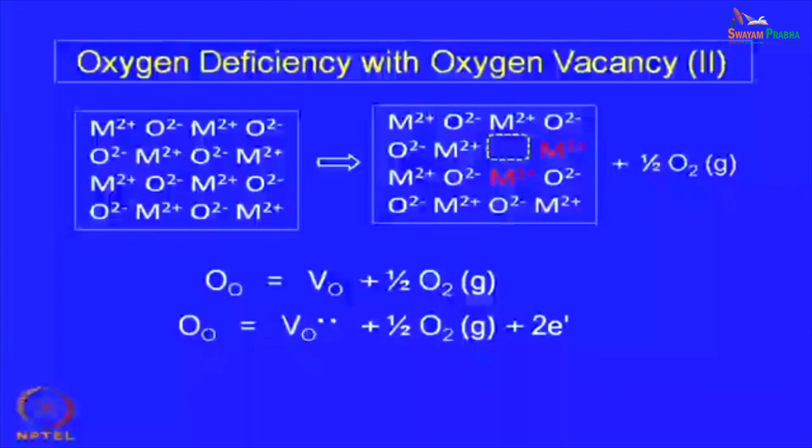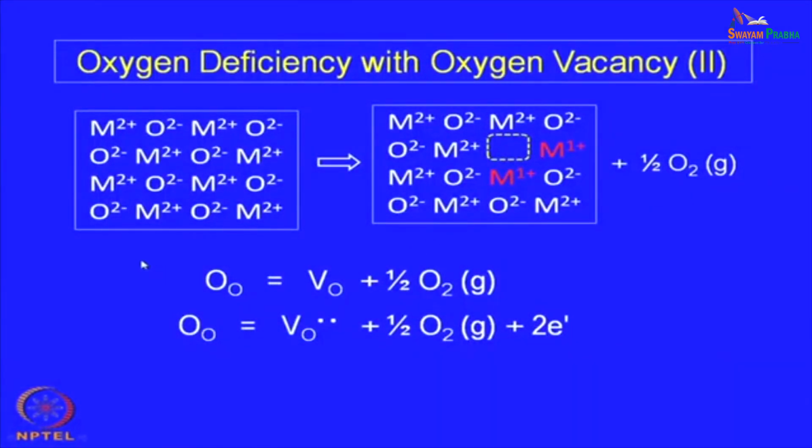Adjoining metal sites or metals have accepted those electrons and changed their valency. So, that is what is happening here.